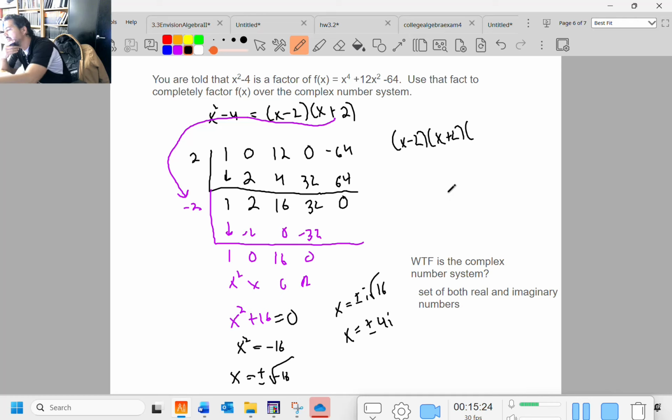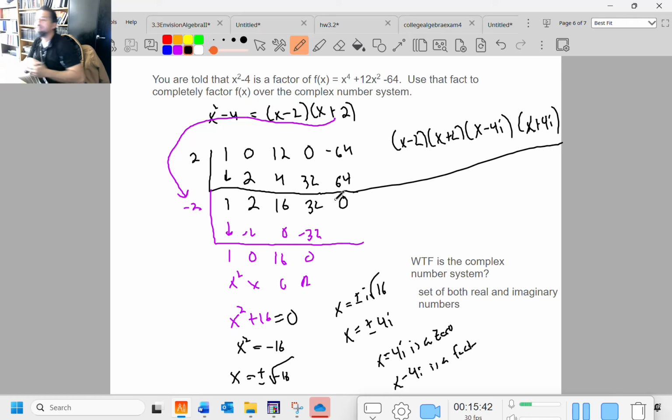And now I'm going to introduce these things. If x equals 4i is a 0, then x minus 4i is a factor, and vice versa. That's the complete factorization of that polynomial over the complex number system.